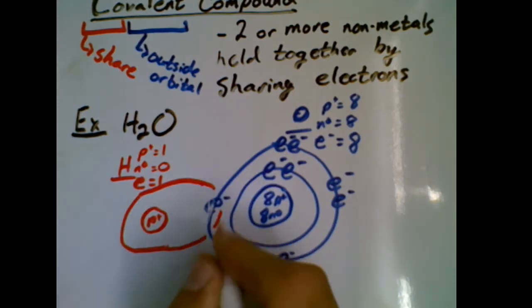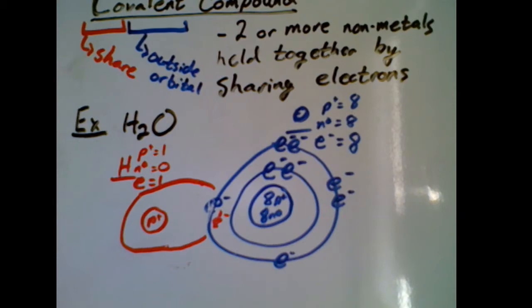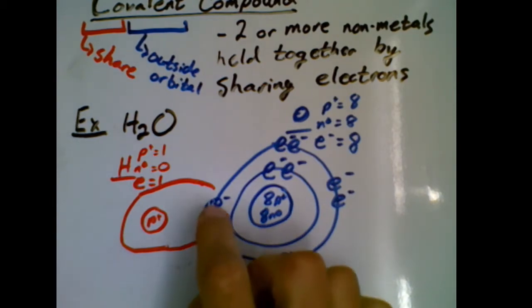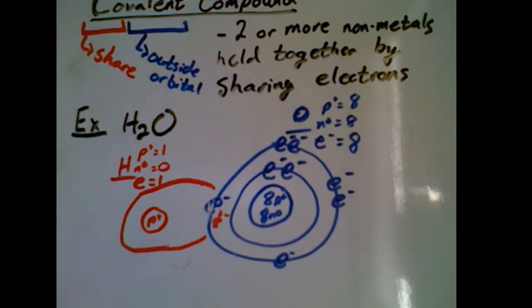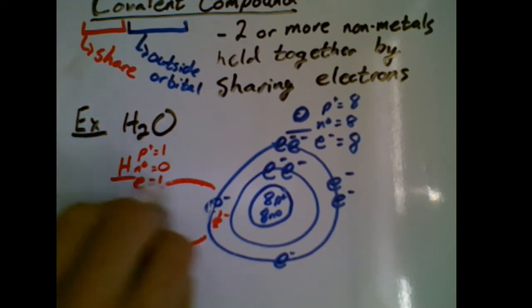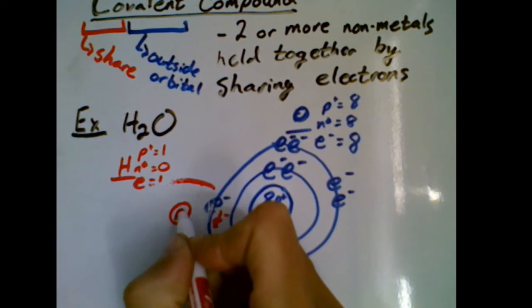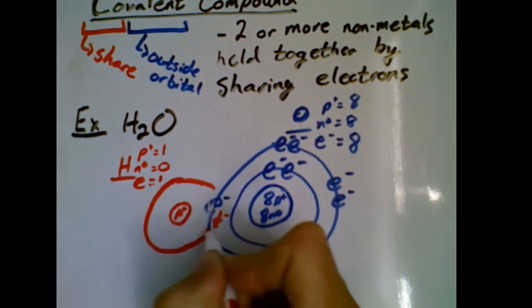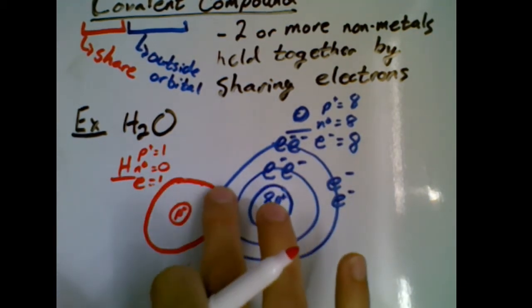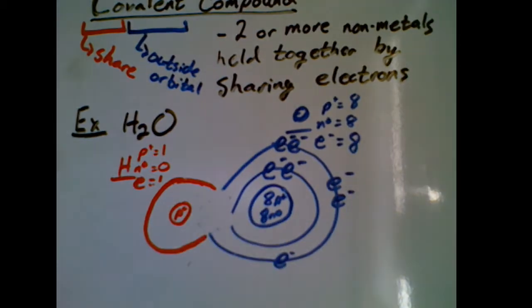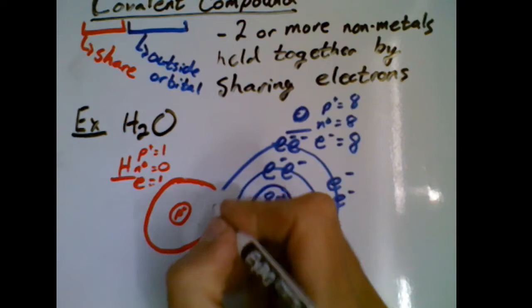So we end up getting our electrons being shared right here. And actually, let's just slide our nucleus over a little bit too. So we'll have our proton there, our outside orbital, and basically this part right here ends up sharing 2 electrons.